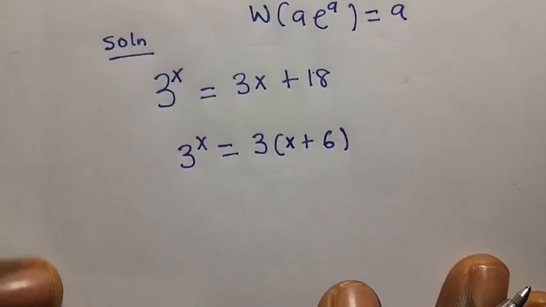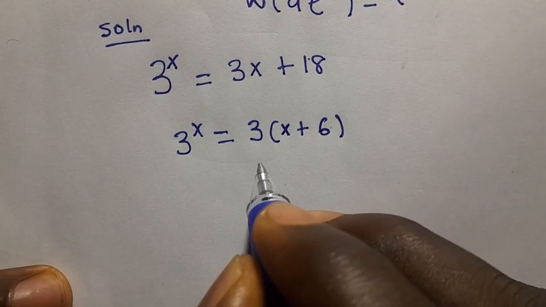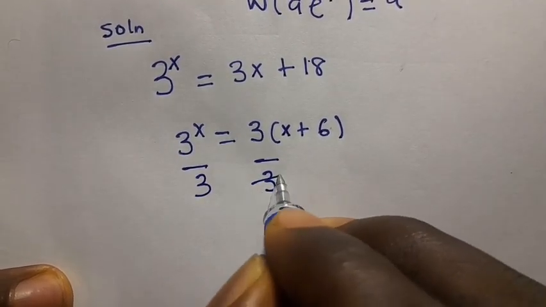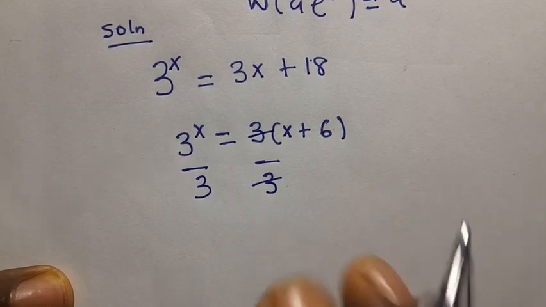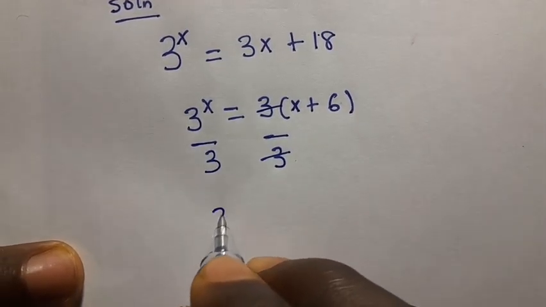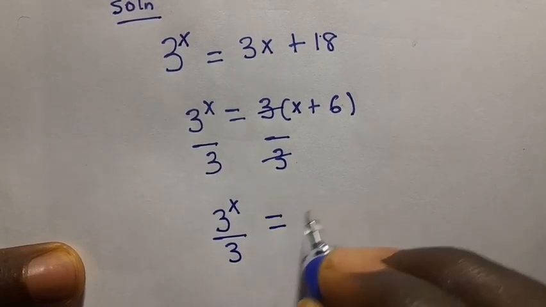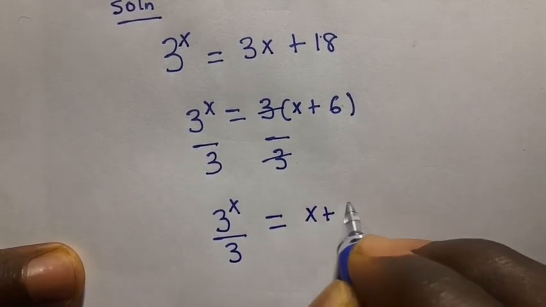Now from here, let's divide both sides by 3. Then we're going to have 3 raised to power x divided by 3 equals x plus 6.